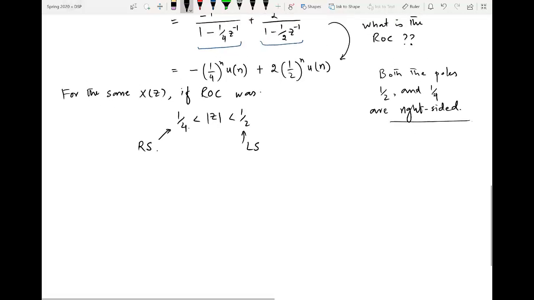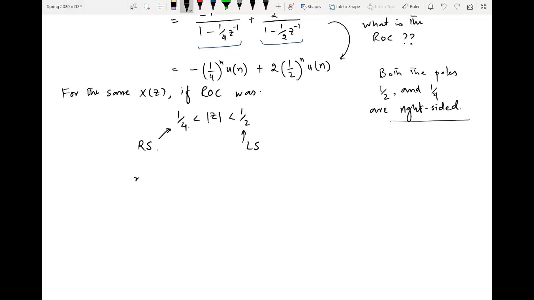So in that particular case, for the same inverse z transform, from this equation we directly come over here, assuming that the 1/4 pole is right sided and 1/2 is left sided. Now what would have been the answer?